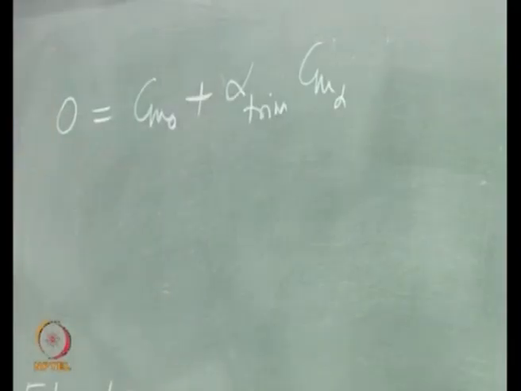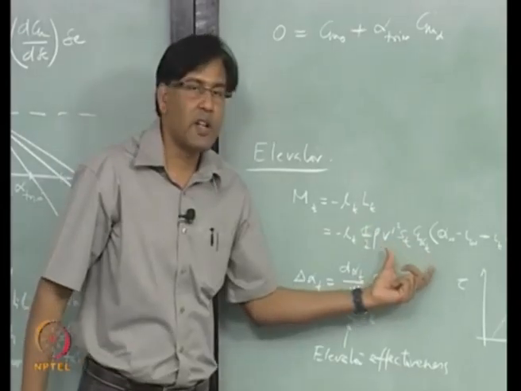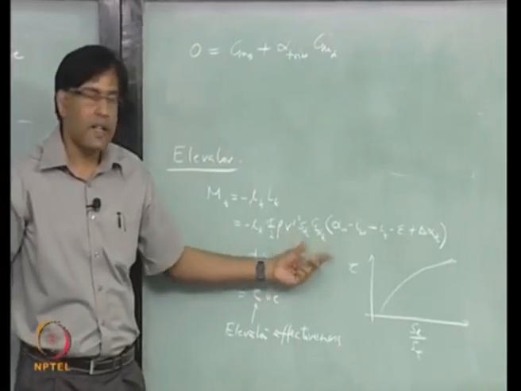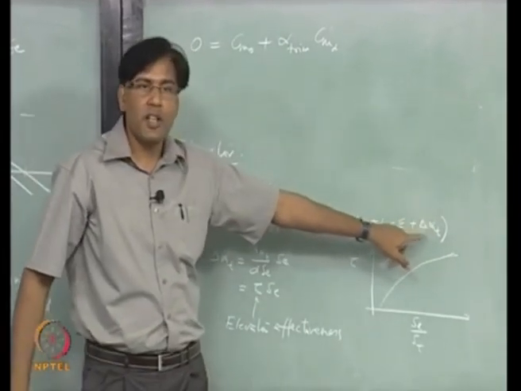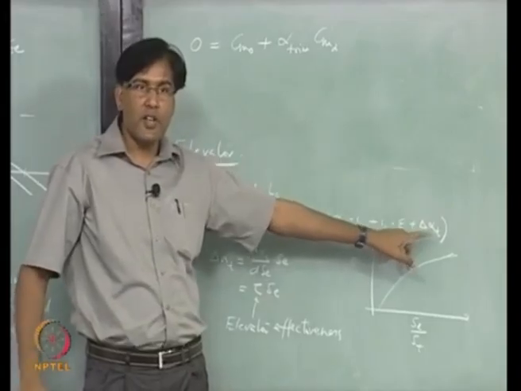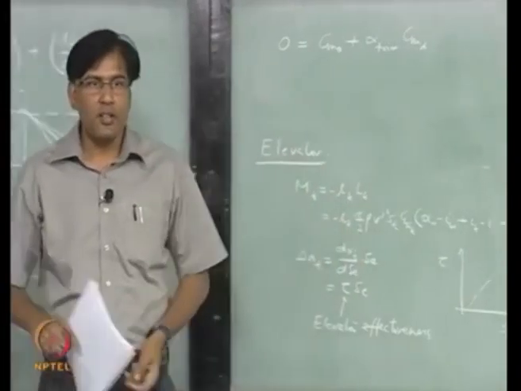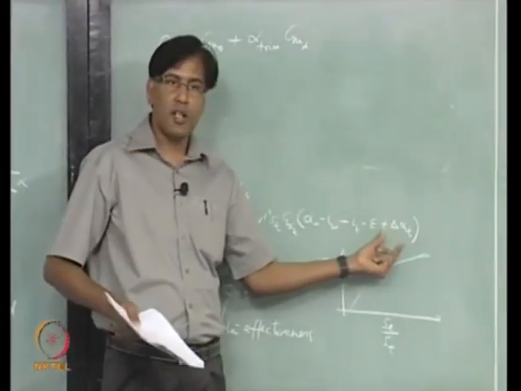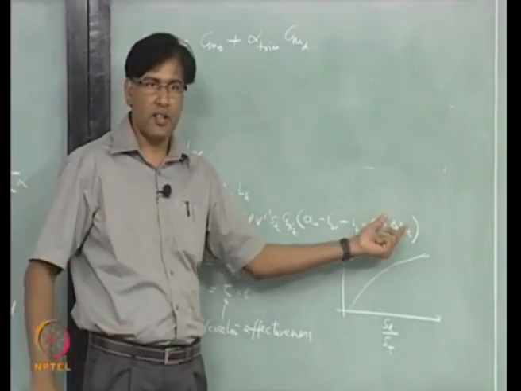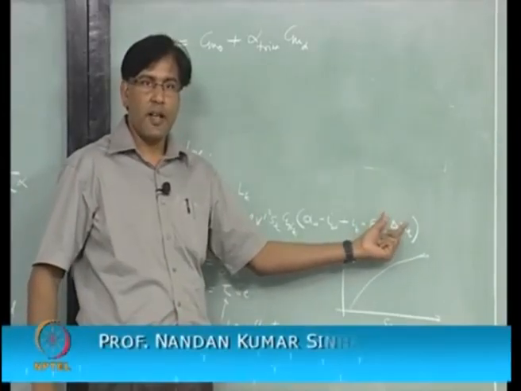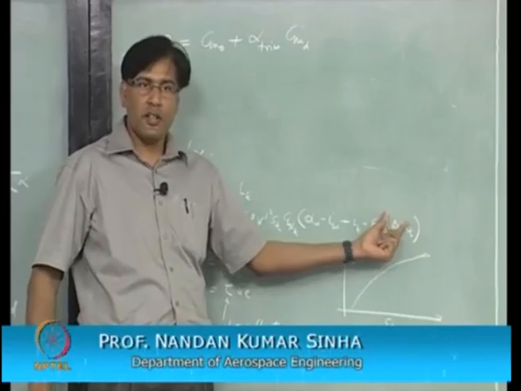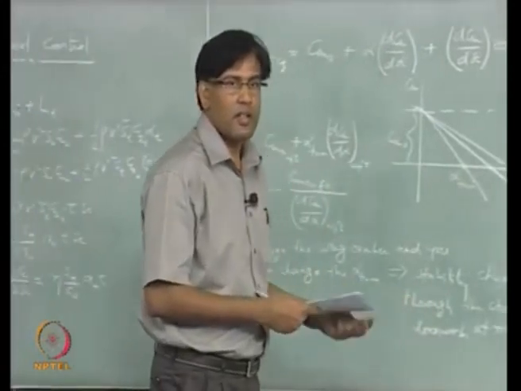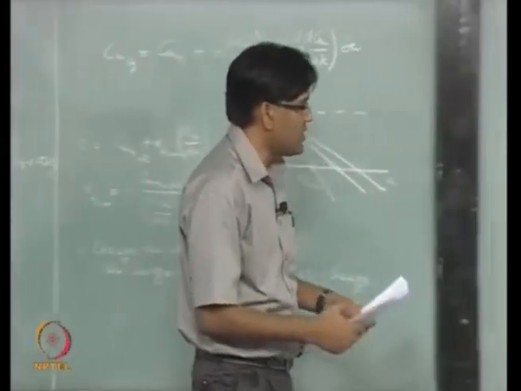Do you see that? For stability we had to take the derivative of this with respect to angle of attack, isn't it? This quantity is not going to change, it is only going to change when you apply elevator, right, it is not going to be dependent upon the angle of attack that the aircraft is going to see, isn't it? So this is not going to affect the stability of the aircraft, right, but what is it going to change?